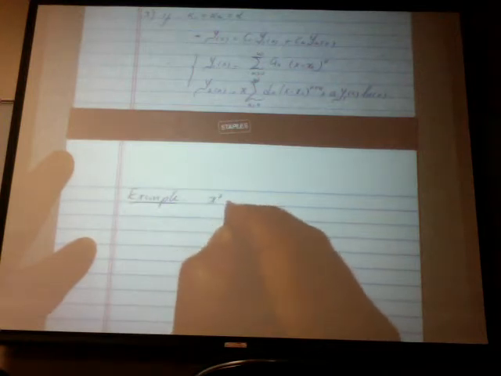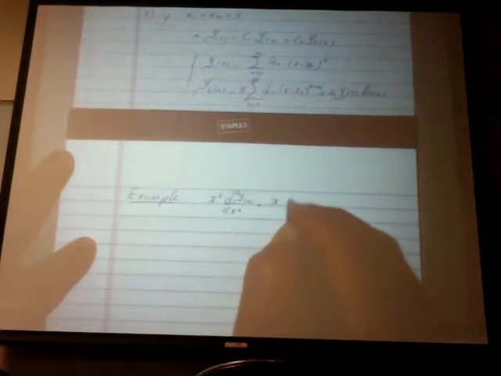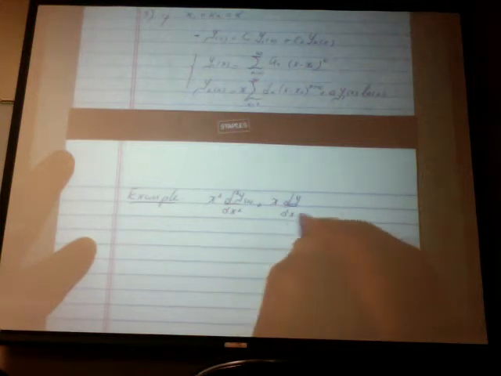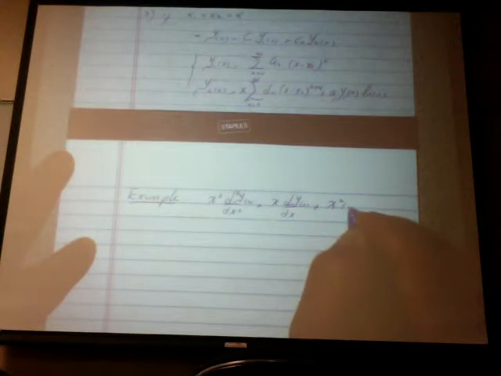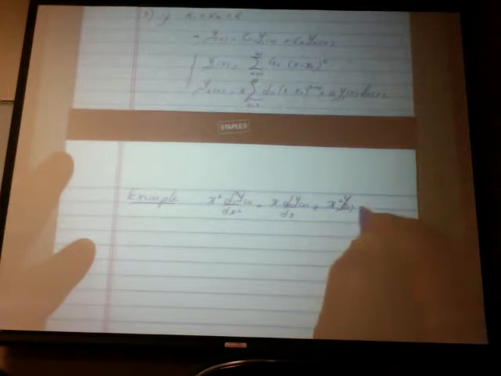We have x squared d²y/dx² plus x dy/dx plus x squared times y of x is equal to 0.